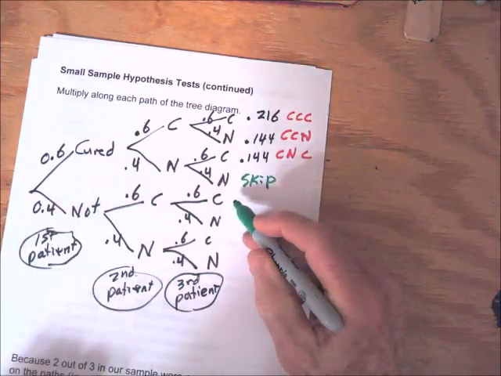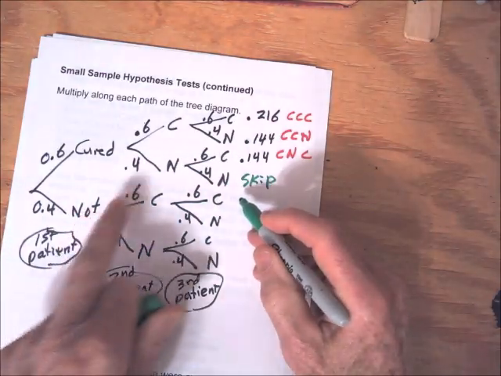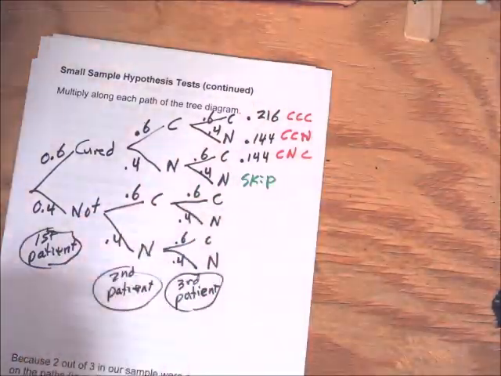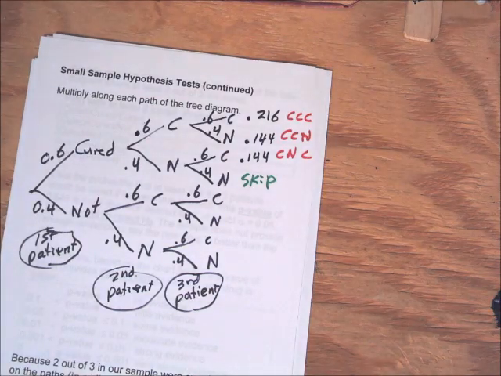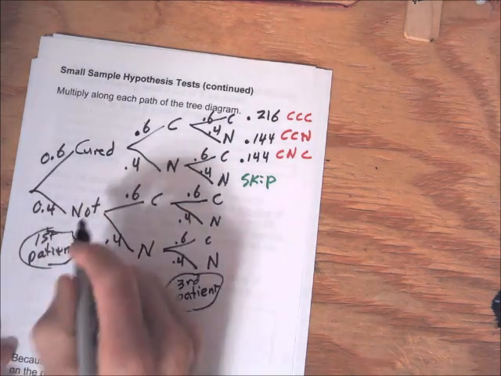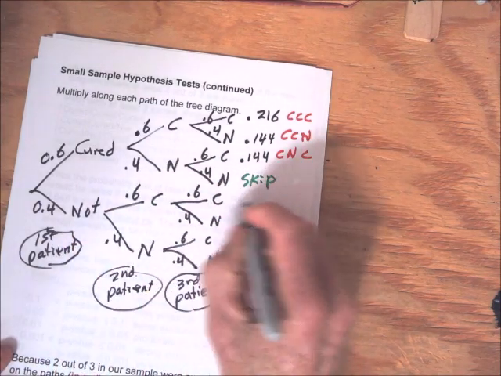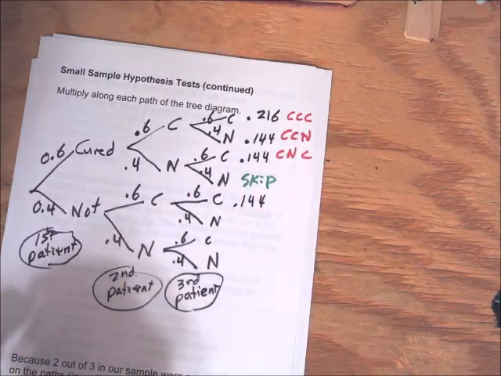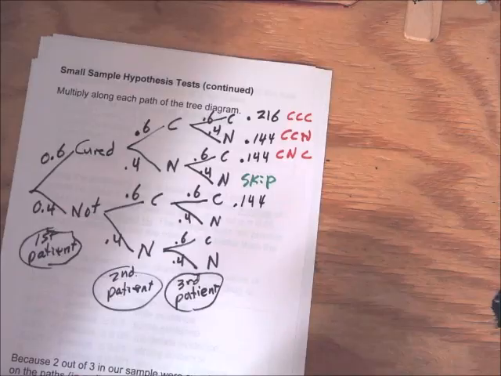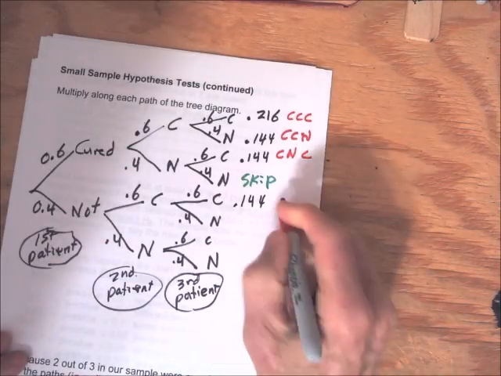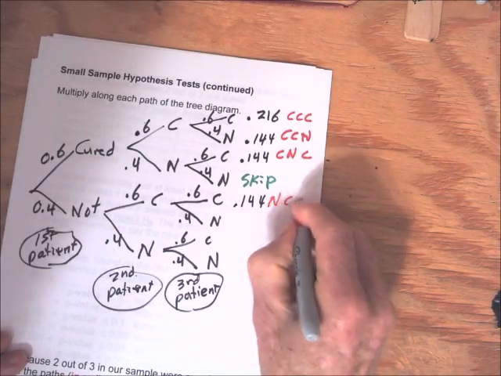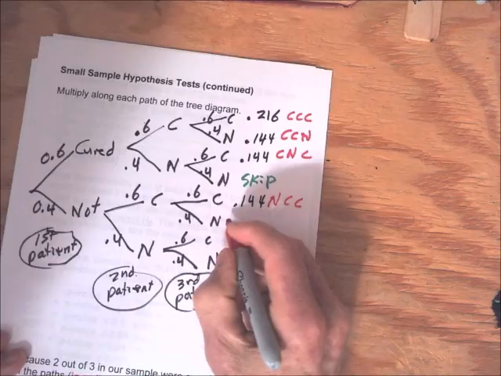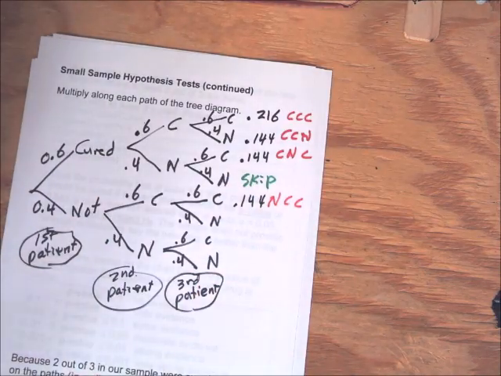And next path we have not, and then cured, cured. So that's going to be 0.4 times 0.6 times 0.6, which is 0.144. So that's the first patient is not cured, and the next 2 are. Next path, we can skip again.